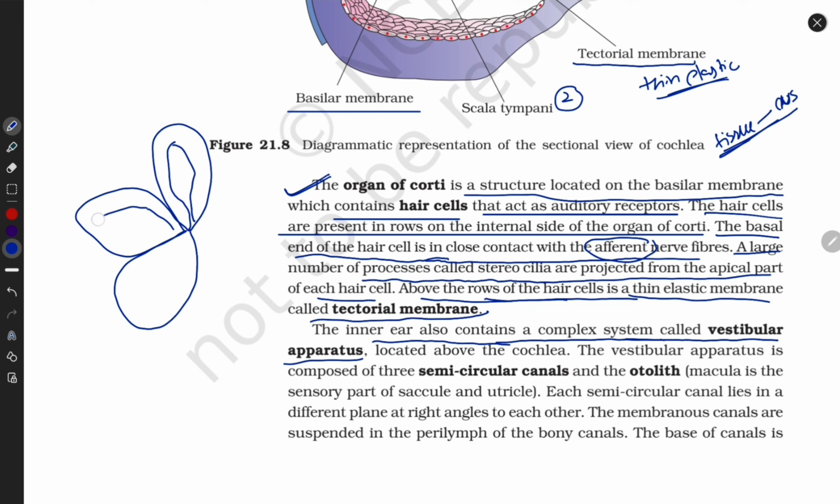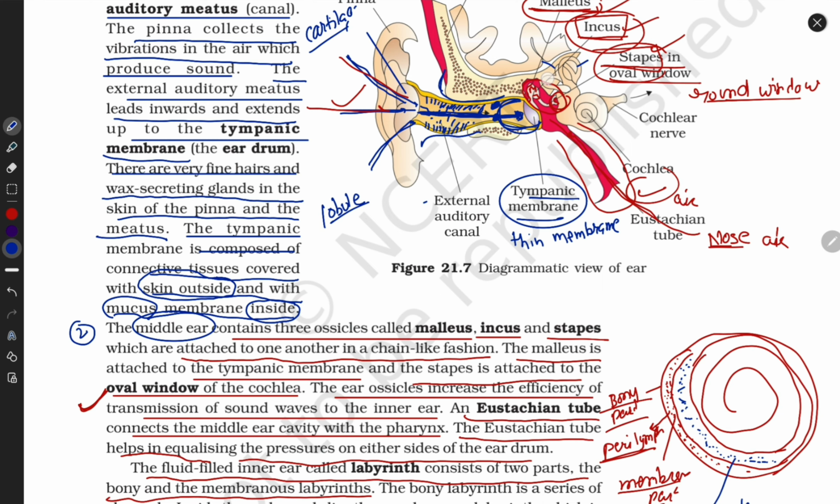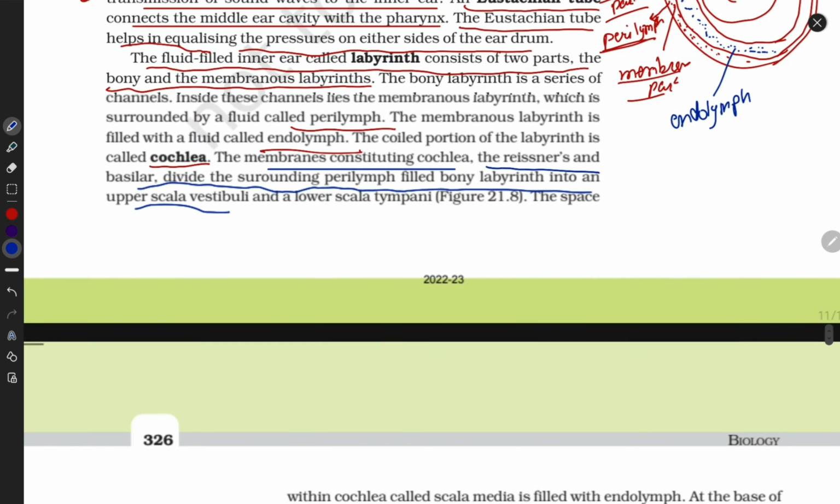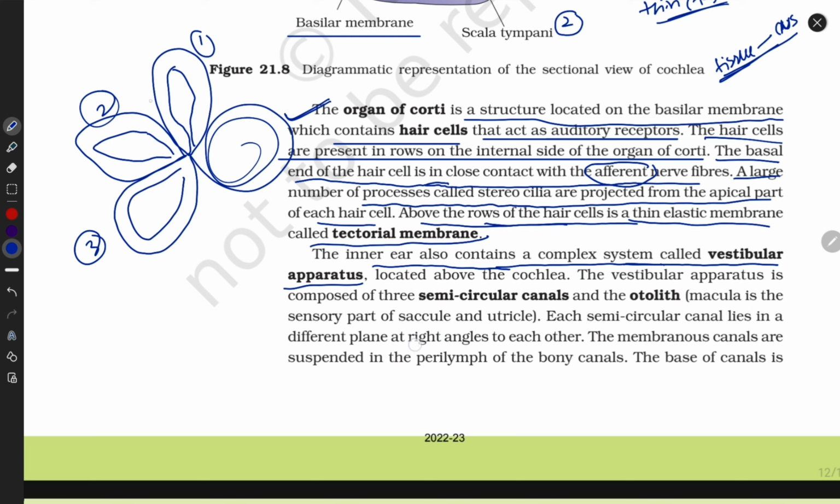I'm trying to draw this: one, second and third, and this is our cochlea. Alright guys, this is the semicircular canals, one, second and third. They are present at a 90-degree angle.